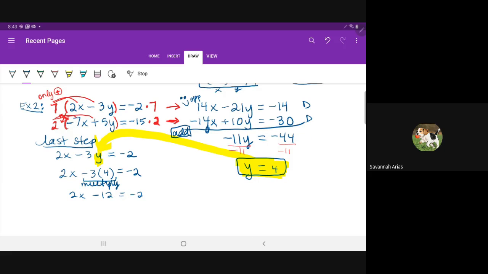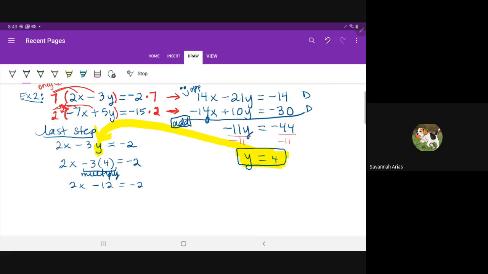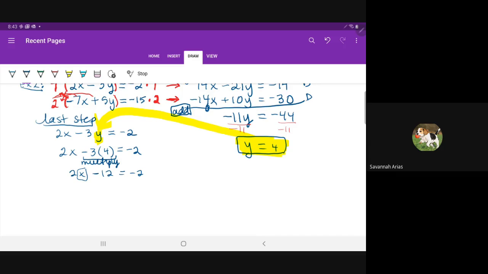And then what should we do from here? I agree. Add 12. 0, right? Those cancel because you get 0. 10, more ups than downs. Divide.